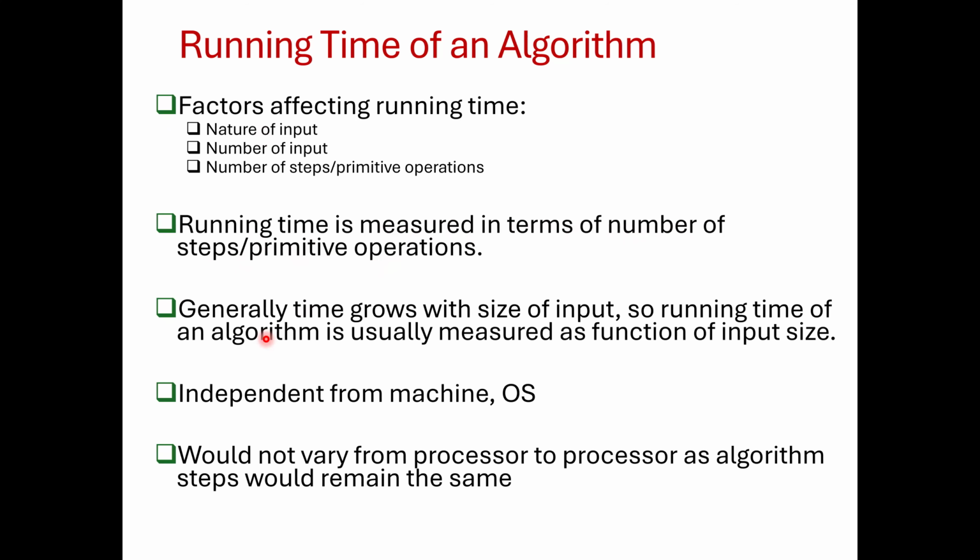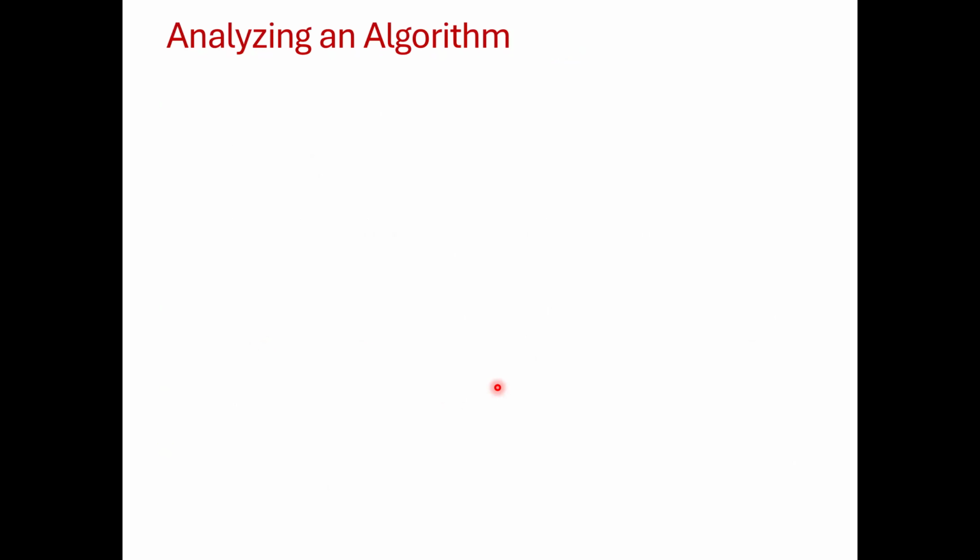Once we have that information, we can compare and contrast and say one algorithm uses fewer steps than the other to solve the problem. And when we do this, as we said, all the hardware, software, processor type, speed, compiler, and operating system don't play any role here. The analysis is purely theoretical. It is not practical. I hope I'm making sense.